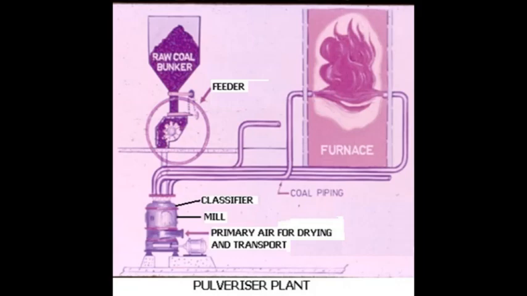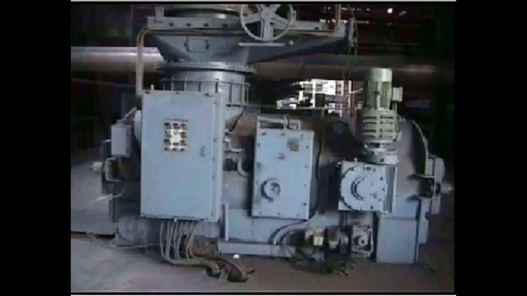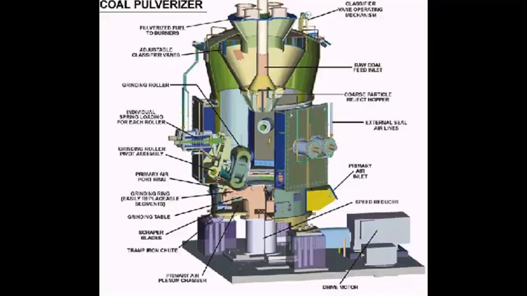From the coal burners, this coal with primary air, which is required to initiate the combustion, is thrown into the boiler furnace. If there is sufficient heat with the prevailing oil burning, the coal starts burning, and with that combustion a huge amount of heat is generated within the furnace.